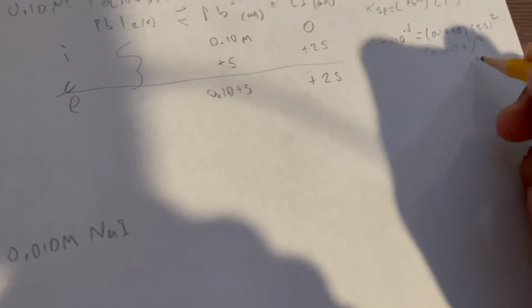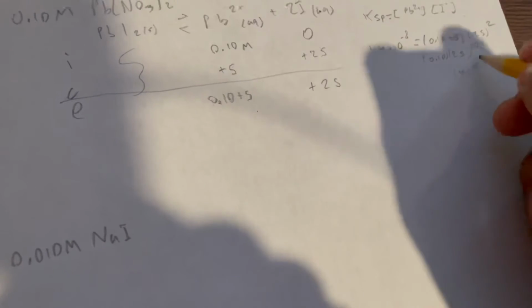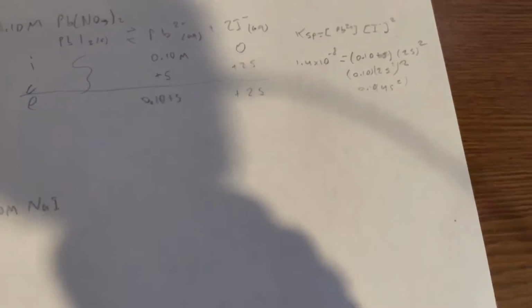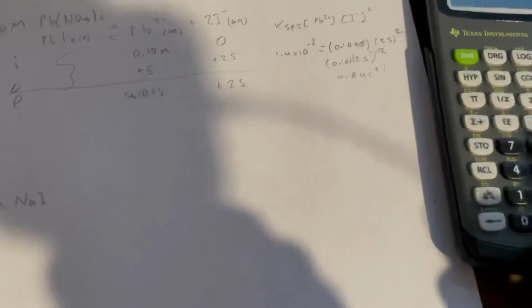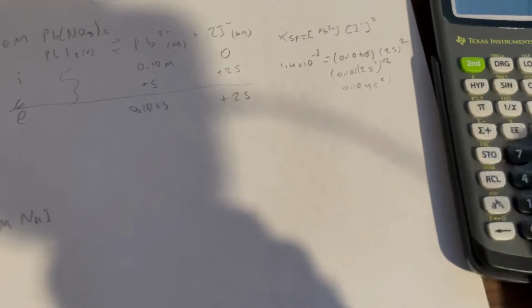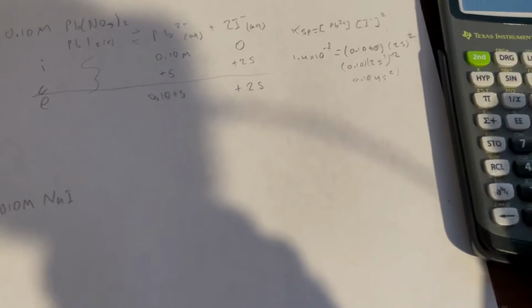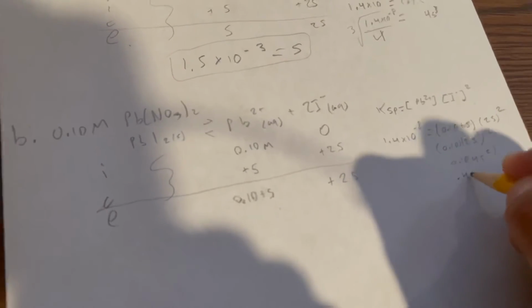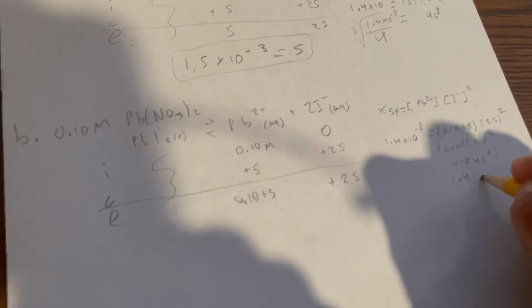All right, so now we just simplify that furthermore, and this will turn into S squared times 4 times 0.10, and 0.10 times 4 equals 0.4. So 0.4 S squared.